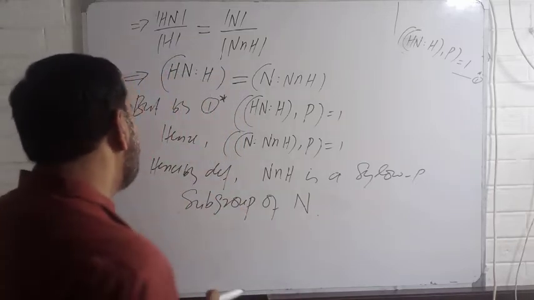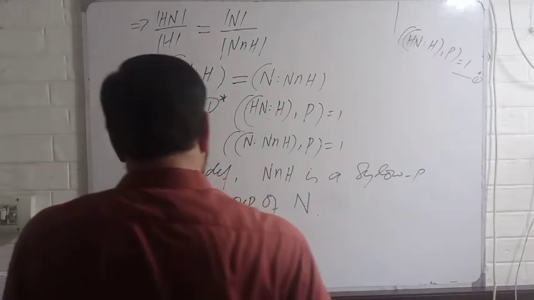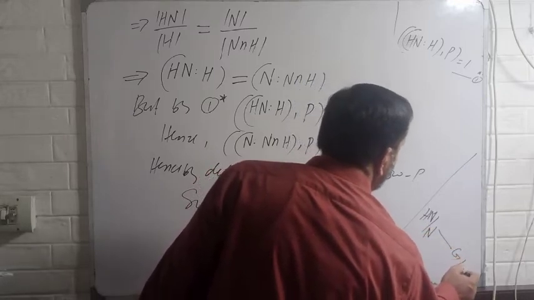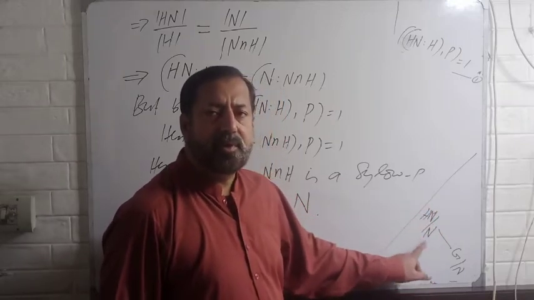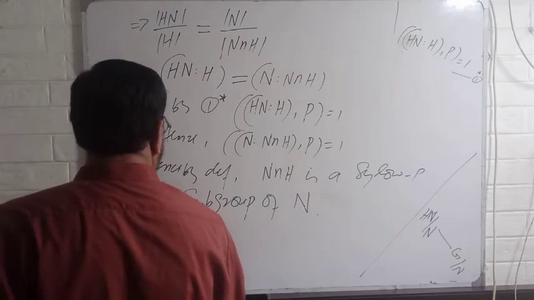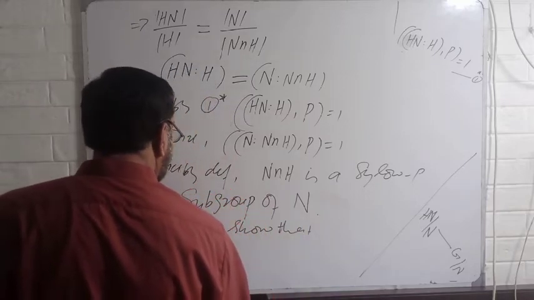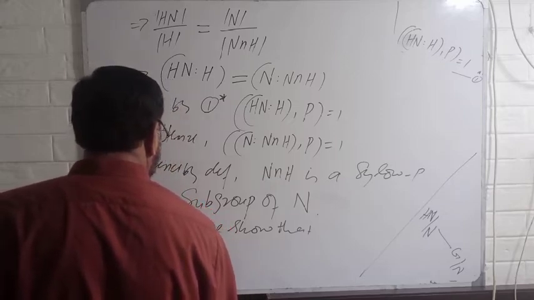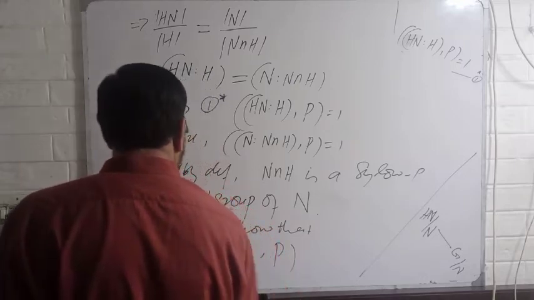Next, we need to show that HN by N is a Sylow-p in G by N. Again, you need to show that the index of this in this must be prime to P. Next, we show that the index of HN by N in G by N with P is equal to 1.